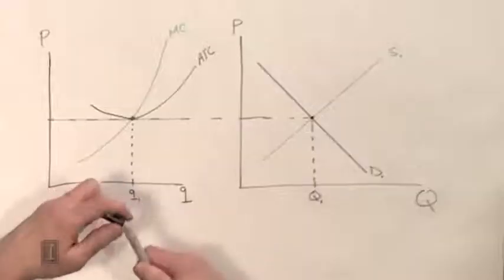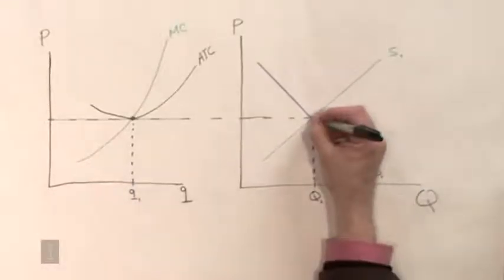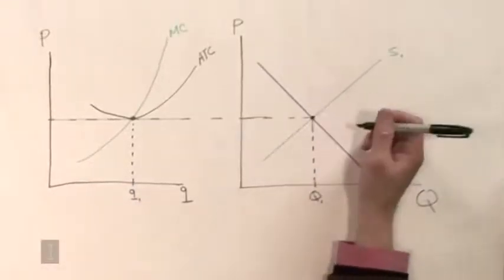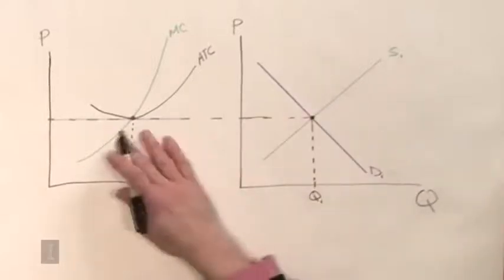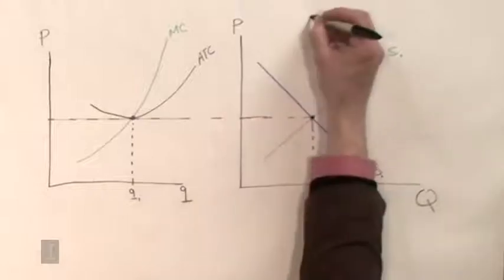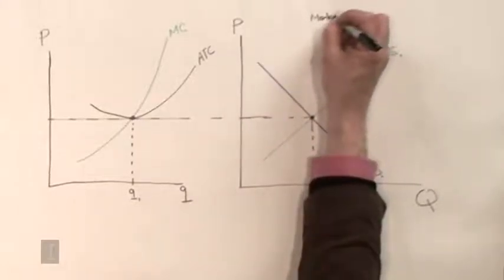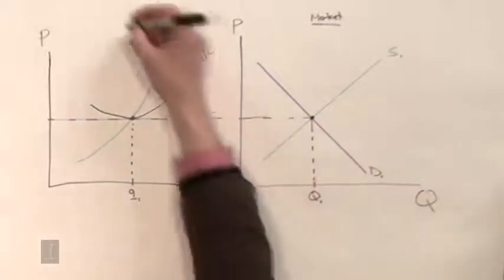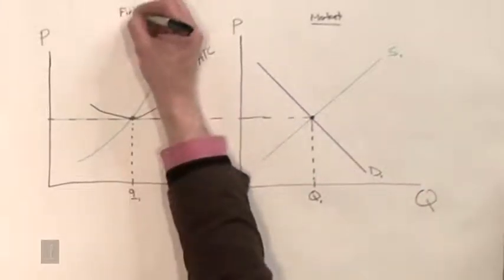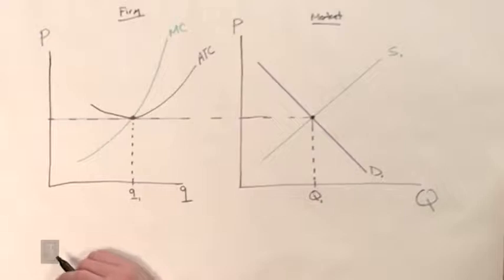So let's go back to our model, because it's a lot easier when we actually do it that way. And the more I do it, the more you get practice with this long-run equilibrium model. This is the market, and on one side the supply and demand determines the price. And a competitive firm, they're all the same, selling the same thing, many of them, takes that price and does the best they can with that price.